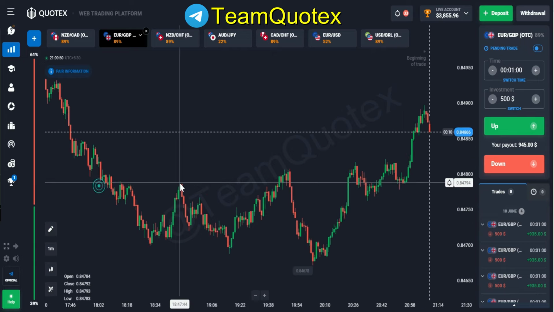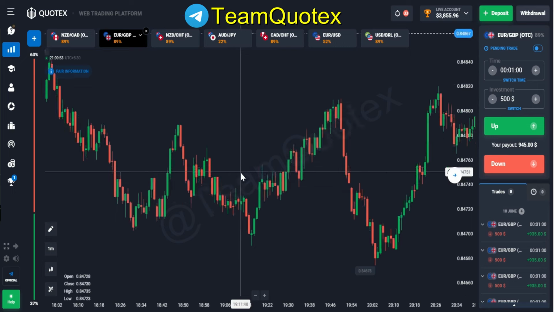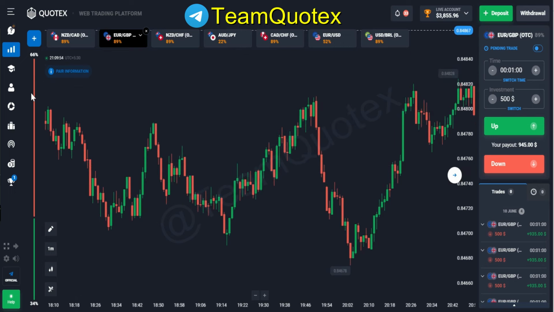Wait, let me zoom this chart, guys. First I'm talking about the uptrend. What I can see on my chart is that the market went up and I can see this is a resistance level, so ignore it. The market came down from this level because this is the property of resistance.